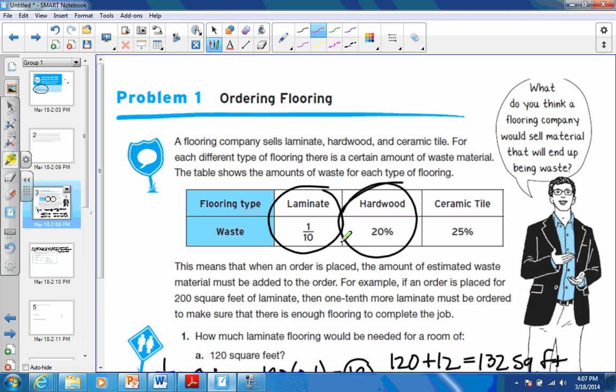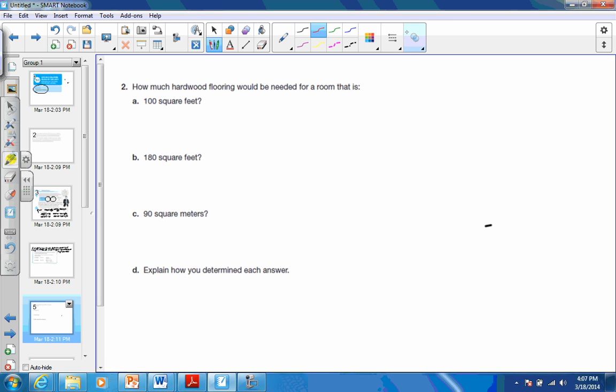So for 20%, you can multiply by 20%, or again, I think it's much easier to think about it in terms of a decimal. So I could take my 20% and convert it to 0.2, and then I'm going to use that for each one of these.